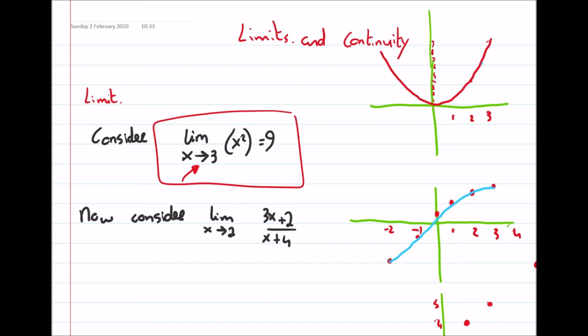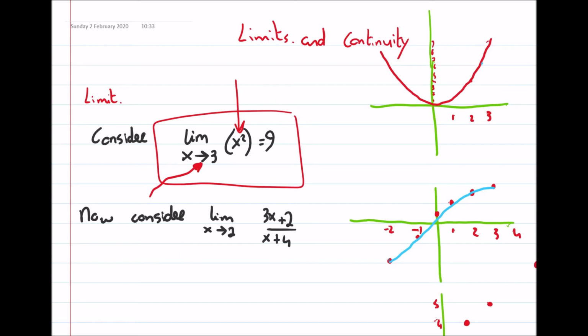And what I mean by that is if I put numbers into this x squared function, the closer the domain number, the number I put in, is to 3, then the closer the output number is to 9. For example, if I put in 2 into it, I get 4. But if I put in 2.5, I get closer to 9. If I put in 2.9, I get closer to 9 again. And if I put in 3.1, I get closer to 9. Okay, so the closer the number I put in is to 3, I get out 9.